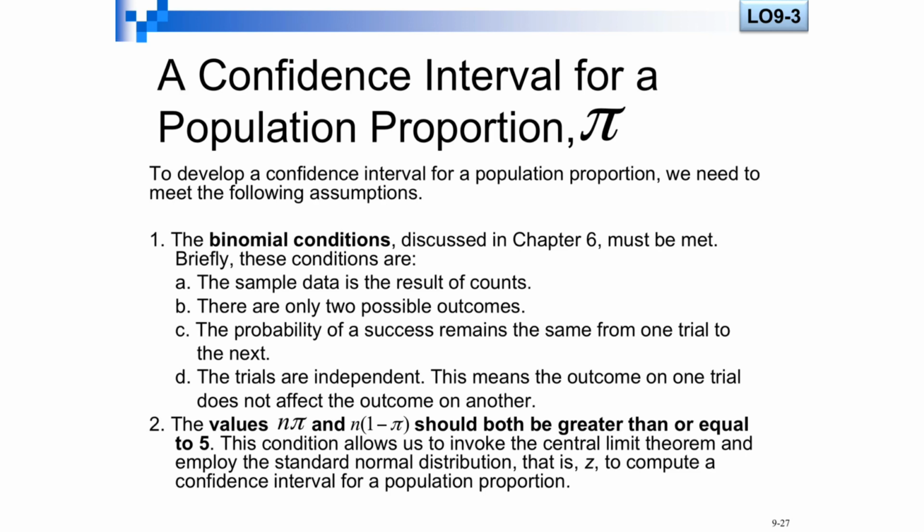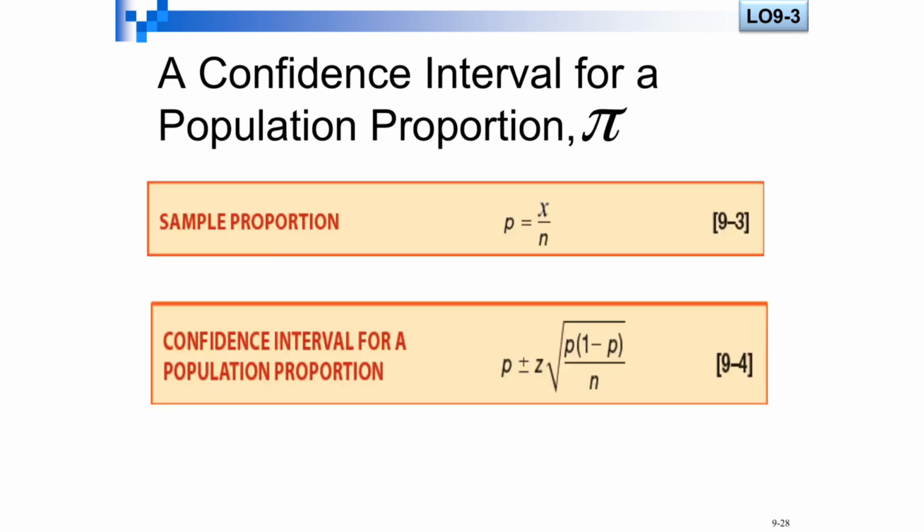For population proportion, don't forget that there are always 4 conditions. Remember there were 4 conditions for the binomial distribution. Those 4 conditions should always be there for population proportion. And in addition, when we calculate the mean and variance, they should be greater than 5. Don't forget that one also.